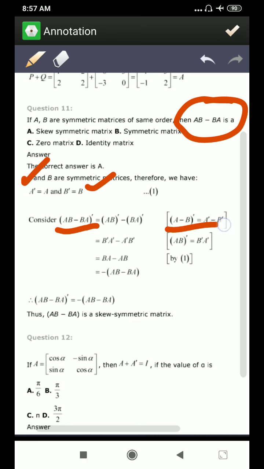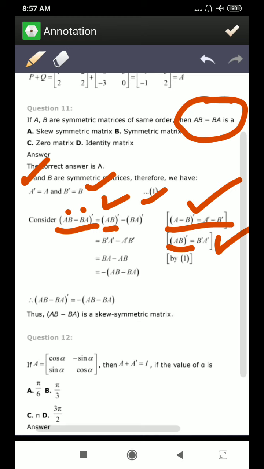We know this property. A minus B whole transpose is A transpose minus B transpose. Using this property, I have written this whole transpose as AB whole transpose minus BA whole transpose. Now we'll use this property. AB whole transpose is B transpose into A transpose.